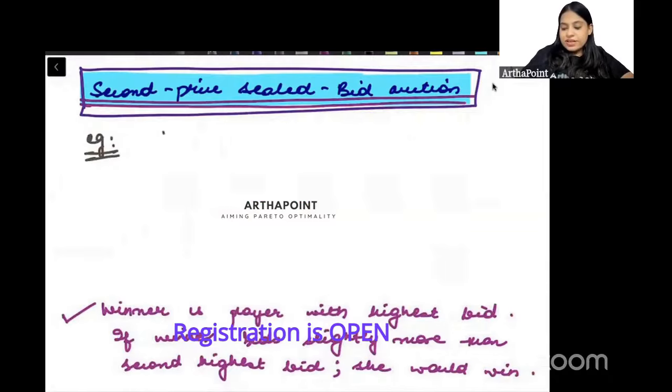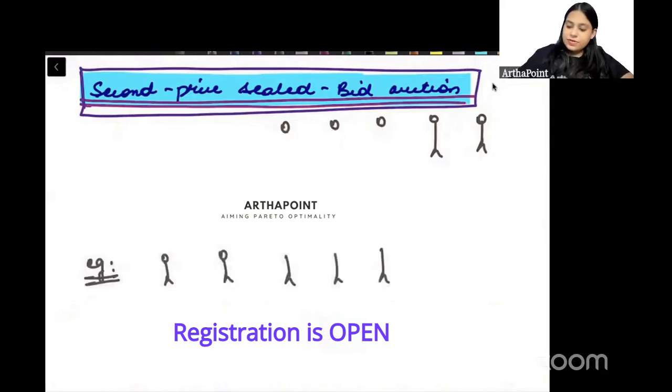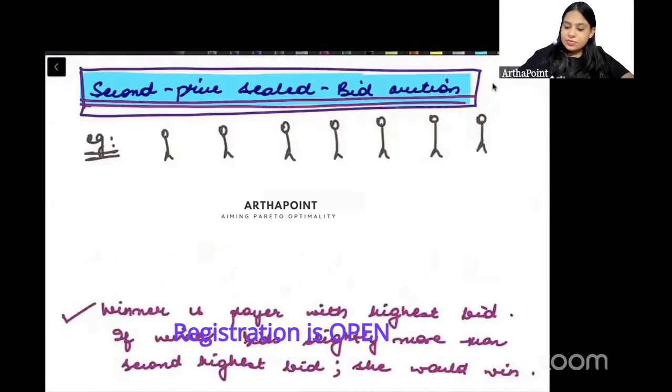Let me explain how. So let's say that I have arranged people according to the bid that they have placed, या according to their valuation first. पहले मैंने इनका valuation निकाला, तो क्या किया गया कि यहाँ पे we have one painting here.